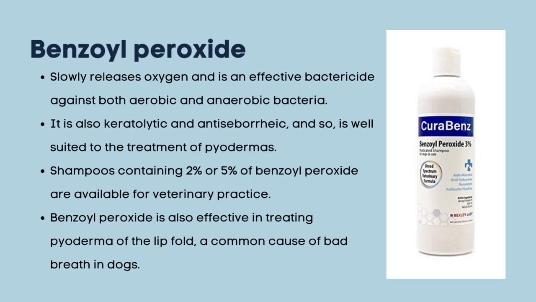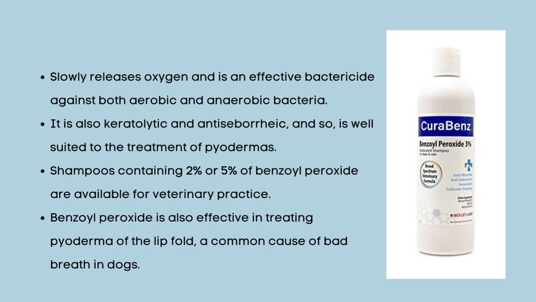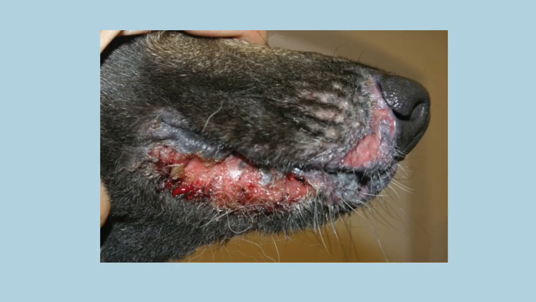So what are the common applications of benzoyl peroxide? It is usually used to treat lip fold pyoderma. Lip fold pyoderma is a common cause of bad breath or halitosis in dogs, and this is usually remedied by bathing the lip fold affected with pyoderma with benzoyl peroxide. This is an image depicting lip fold pyoderma.